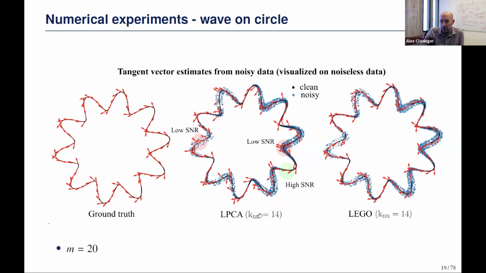But look at the Lego algorithm with the exact same number of nearest neighbors. Remember, we took the data, built the global Laplacian, took the eigenfunctions, and used that to locally estimate PCA of the gradients. And it follows almost perfectly. High noise region, low noise region, doesn't matter. This is a good estimate.